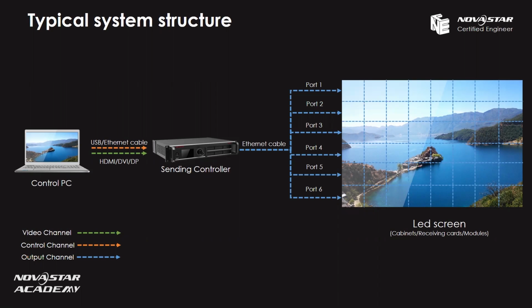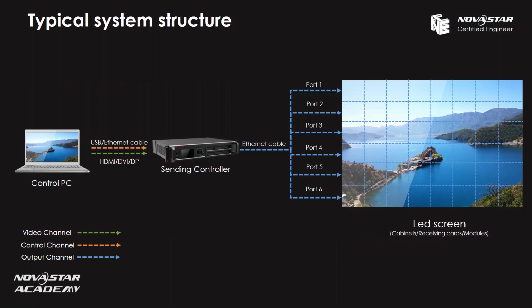From left to right, we have the control PC, the scenic controller, and the LED screen. The control PC provides the video signal to the scenic controller via HDMI, DP, and DVI. The control PC also provides the control signal via the USB cable or the Ethernet cable.